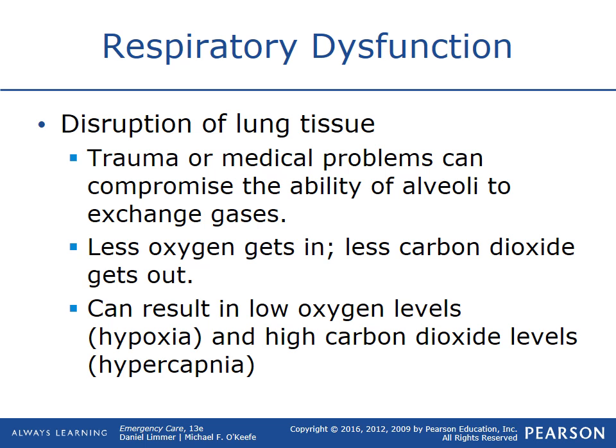That's going to compromise the ability of the alveoli to exchange gases. Less oxygen gets in and less carbon dioxide gets out. This will result in low oxygen levels, which we call hypoxia. Not enough oxygen. Or it could cause high carbon dioxide levels, which is called hypercapnia.